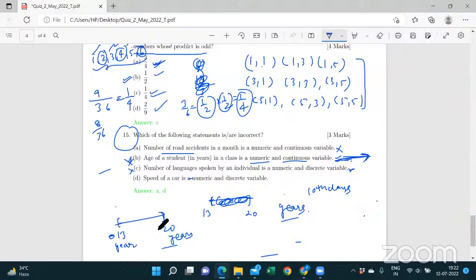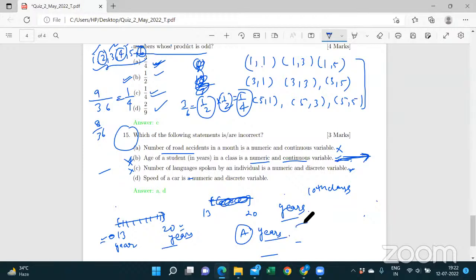Then suppose I say select a student, what is the age of that student? It can be anything between these two, right? Yes, sir. And we are measuring in years also.